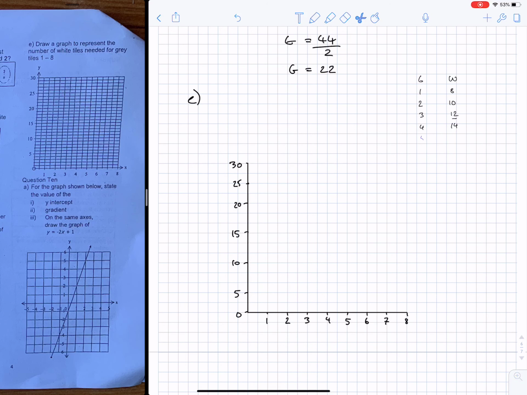Suppose we need to calculate 5, 6, 7, and 8. So again, what was the formula? White tiles equals 3g plus 6 minus g, which if g is 5, 3 times 5 plus 6 minus 5, so 15 plus 6 minus 5, which equals 15 plus 1, which is 16.